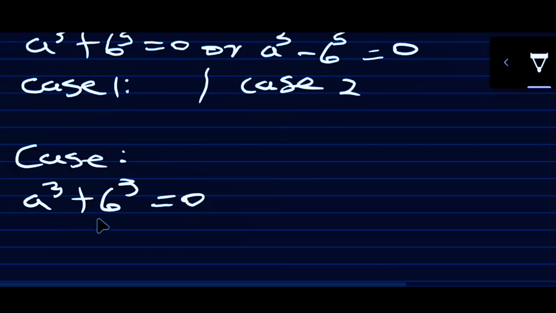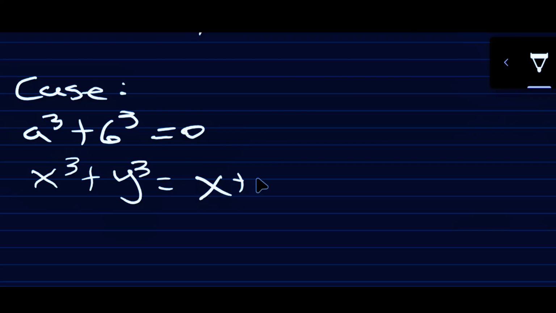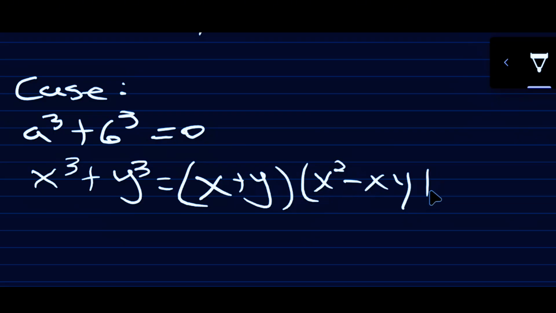This is an algebraic identity. If you have x^3 + y^3, this equals (x + y)(x^2 - xy + y^2).